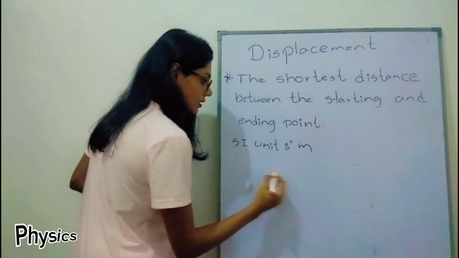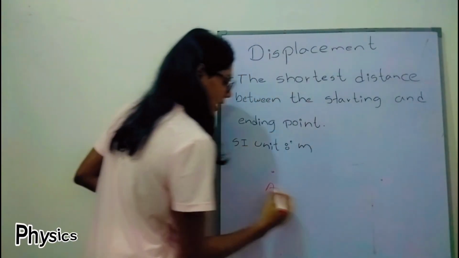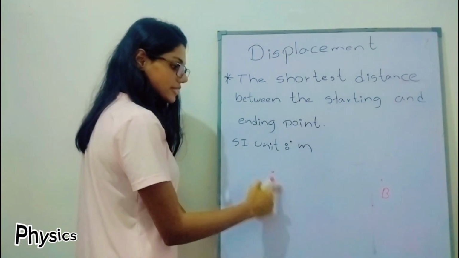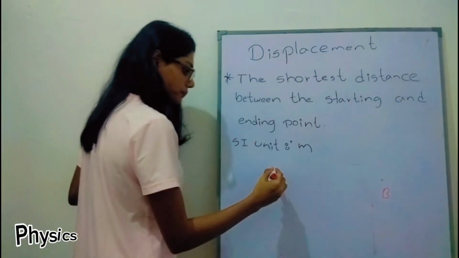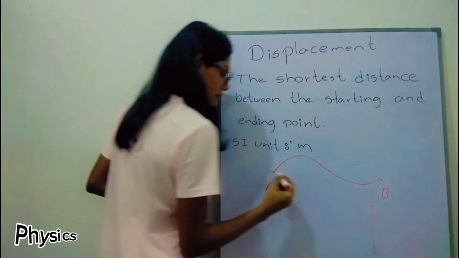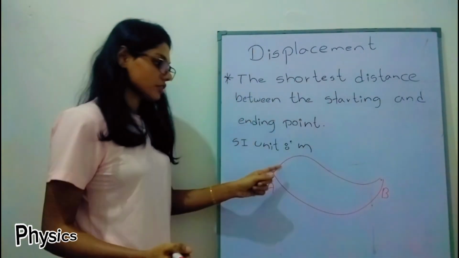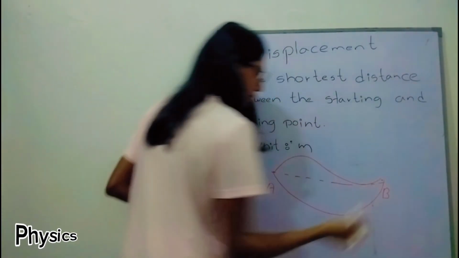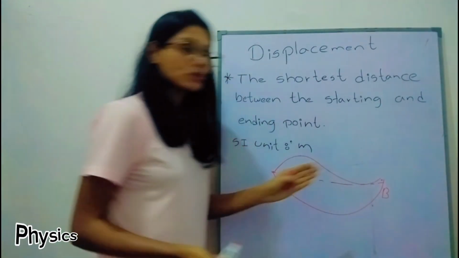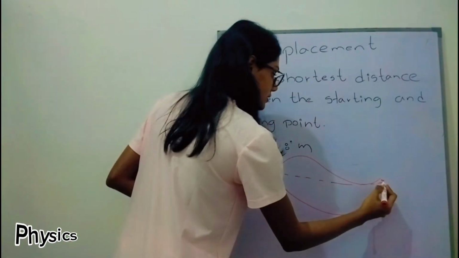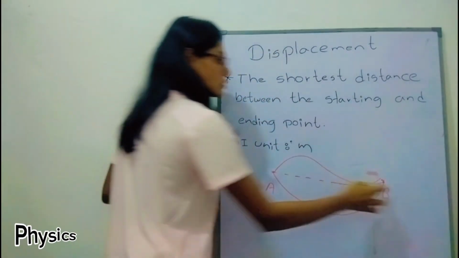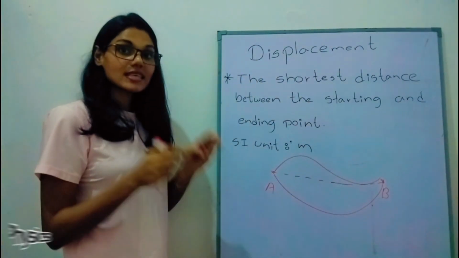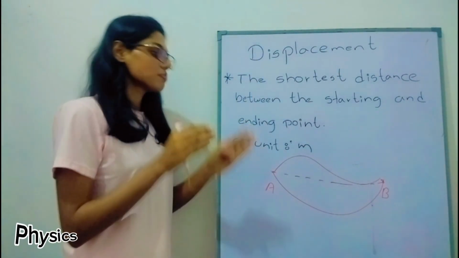So, let's take the same example as before. Here we have two points, point A and point B. We have two different paths, and as you can see, here we have the shortest distance from point A to point B. So this shortest distance is the displacement.